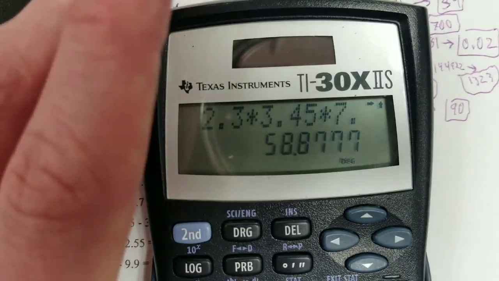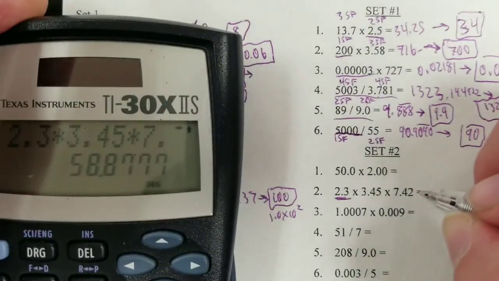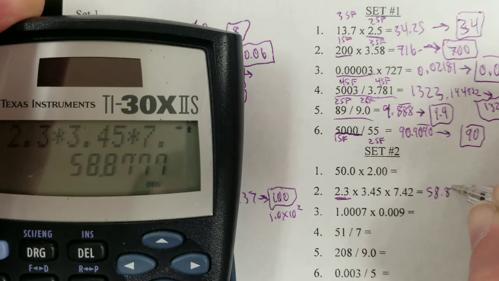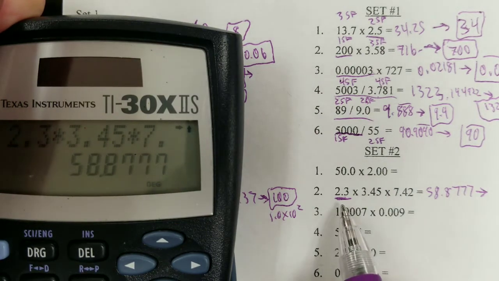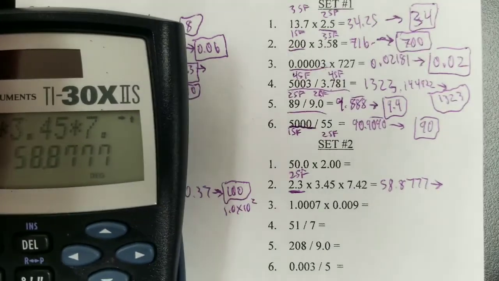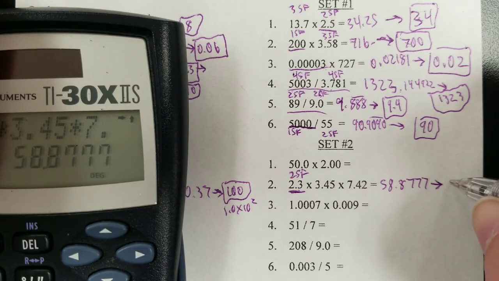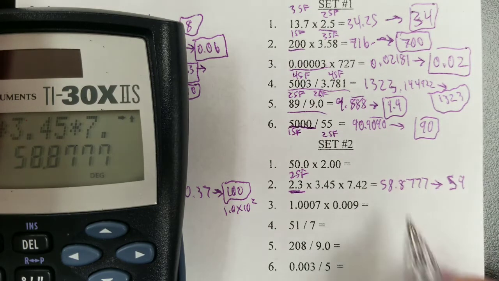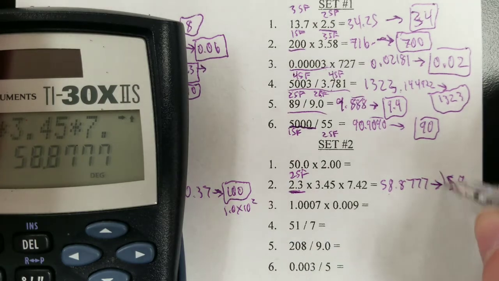That's the raw answer, 58.8777. 58.8777 gets rounded to 2 significant figures, which gives the final version of the answer, 59. Because we rounded right here, 59.